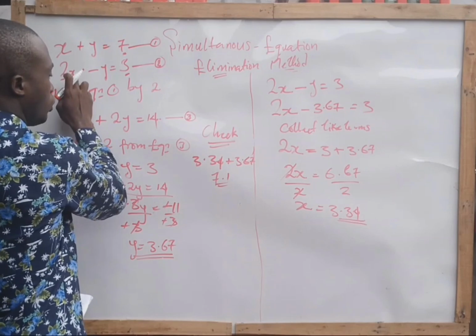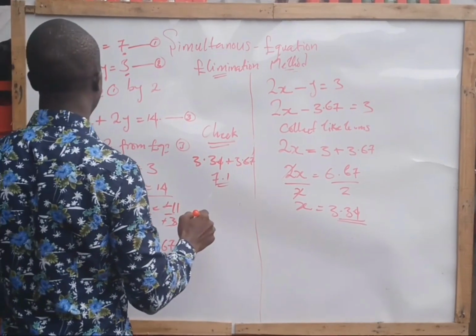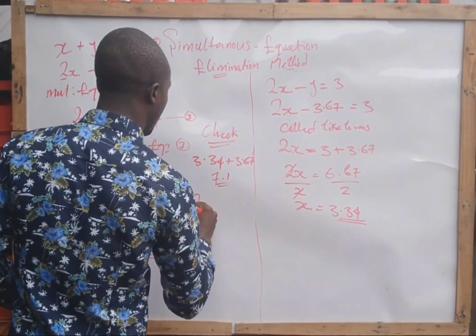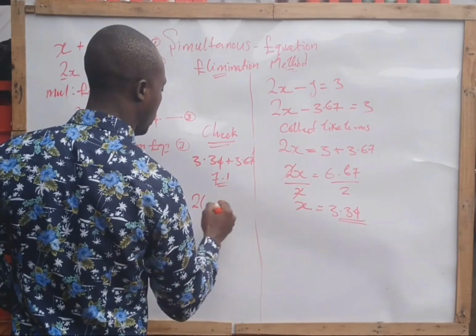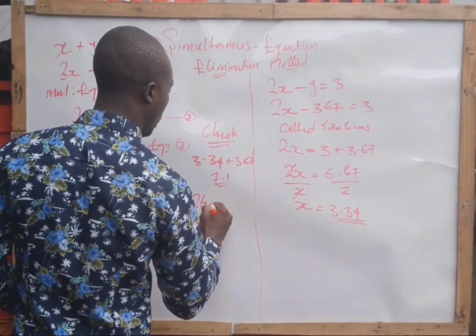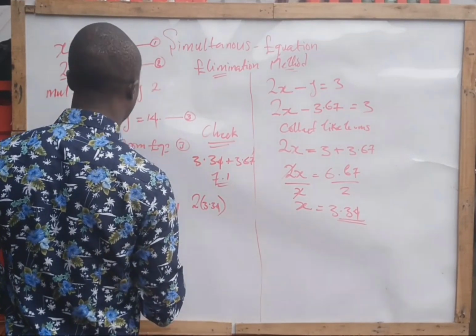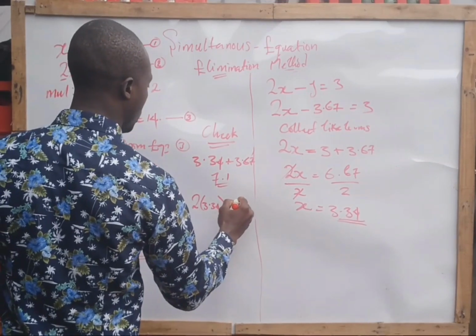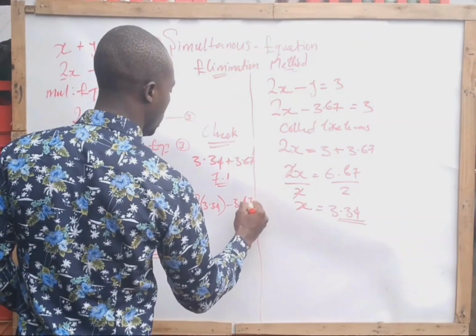So for equation 2 here, we have 2 into bracket our x, which is 3.34, close bracket, minus 3.67.